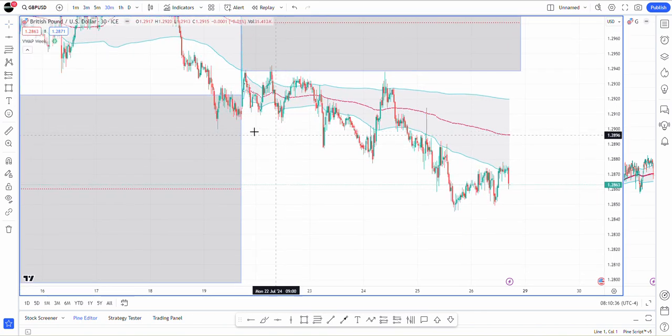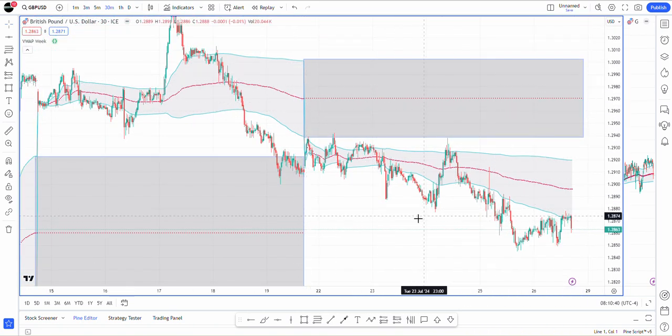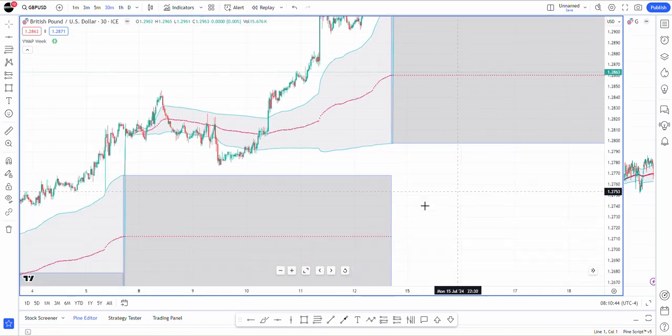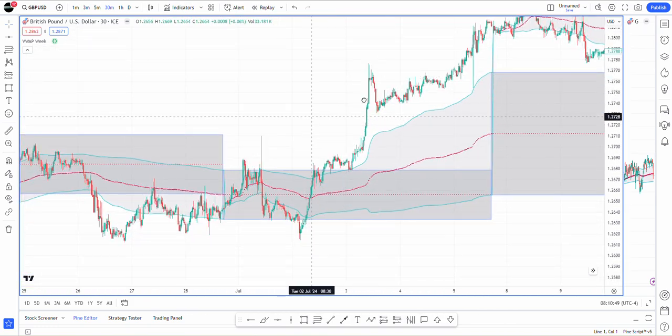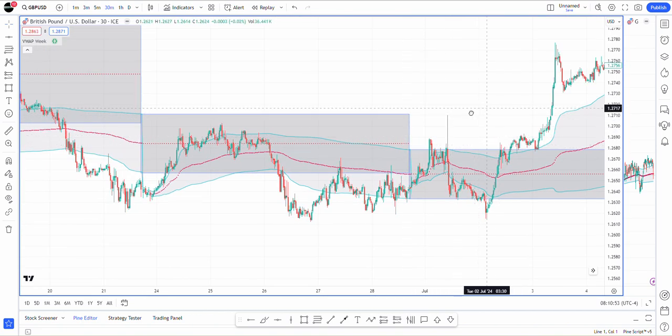When it closes, I use the 4:30 time on a Friday, and I extend that box out. That's like my support and resistance, if you want to put it like that. You can see sometimes it doesn't hit that level. This red dotted line is what I actually use into future levels.